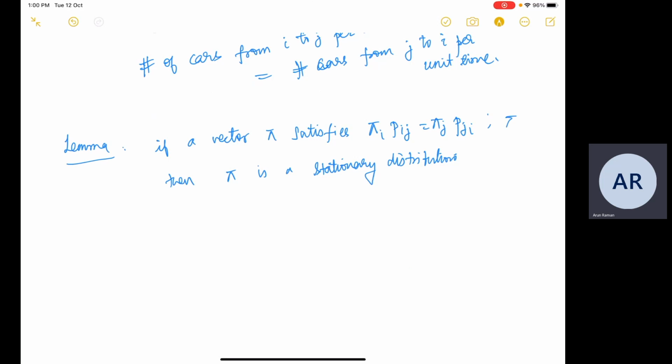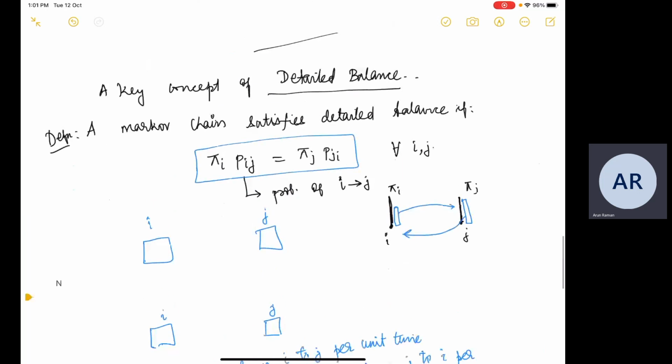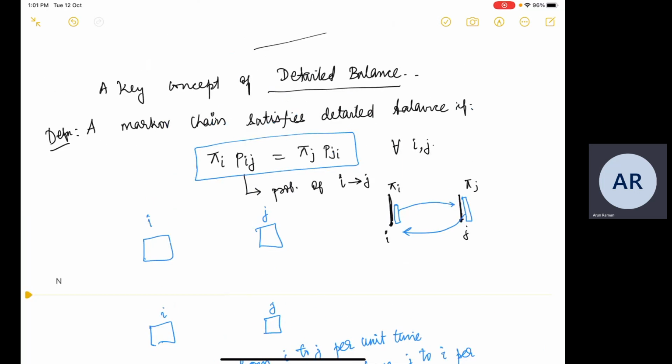Of course, we should have that the summation of pi i equals 1. Intuitively, if the rate of movement across all the states is conserved, then it is an equilibrium condition.